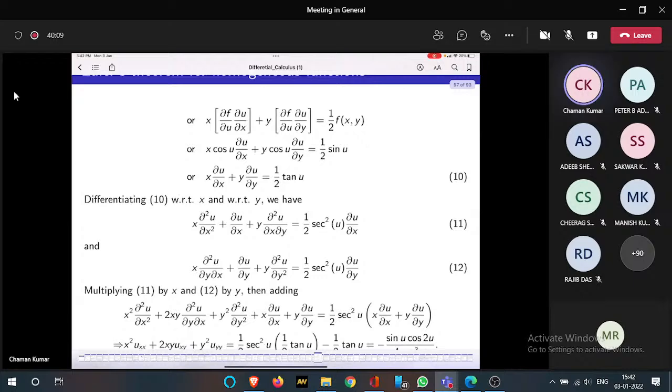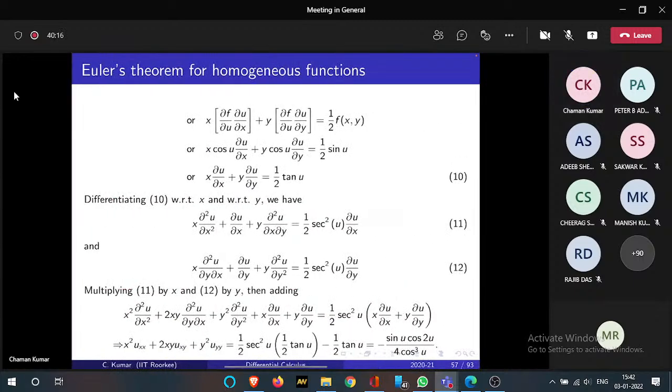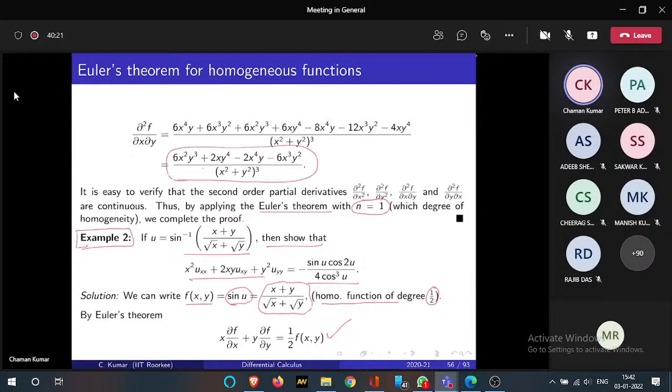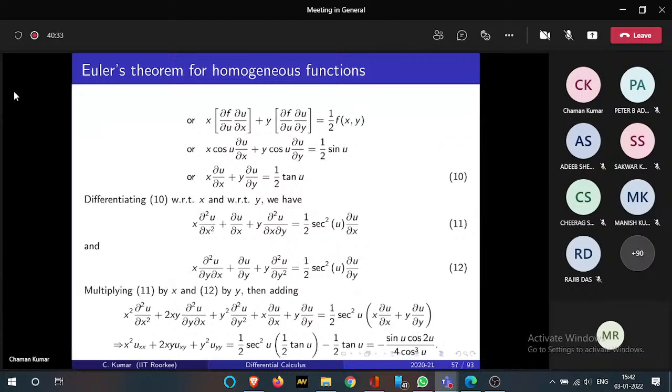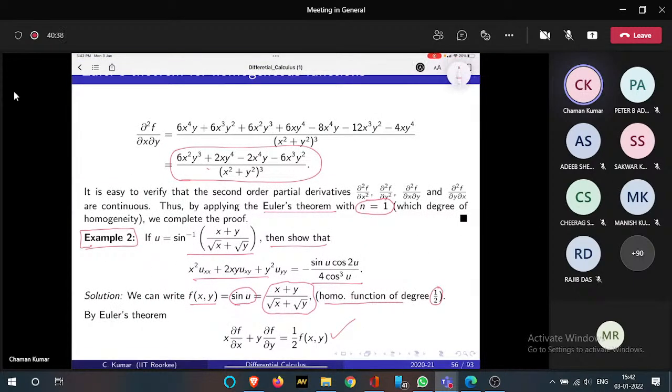Now you can apply the chain rule here. So df by dx will be equal to, you can see that f of x, y is a function of u and u is a function of x, y.